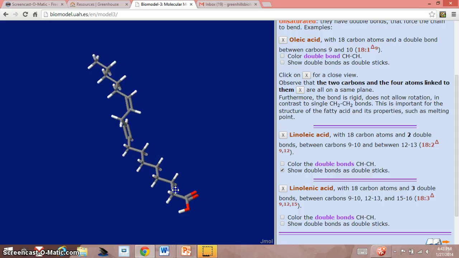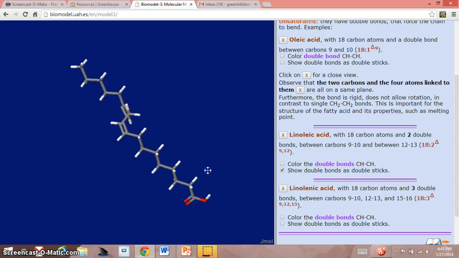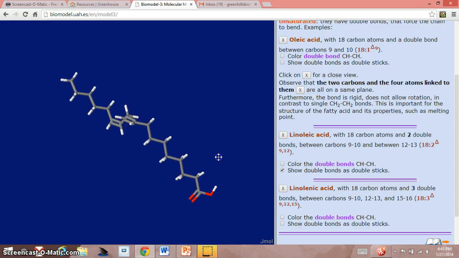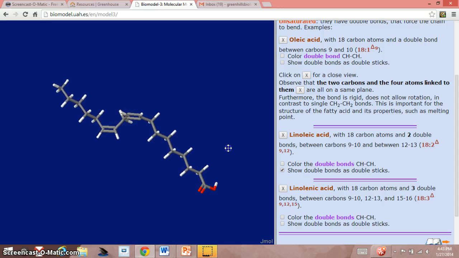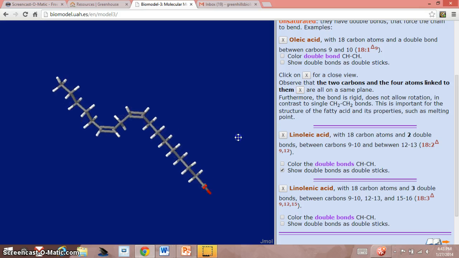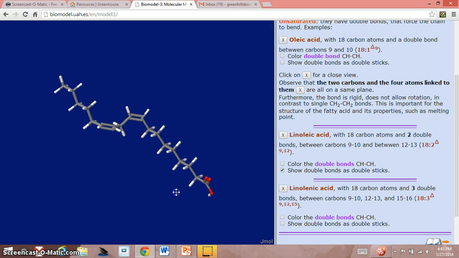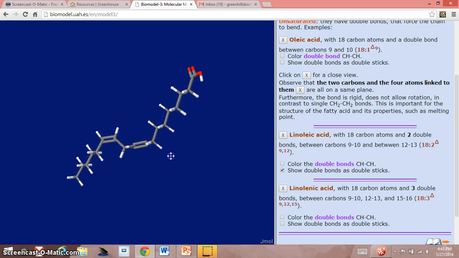I'm not doing a very good job of that. There you go. And then it asks you how many double bonds are present between carbons in this chain. So put those down.